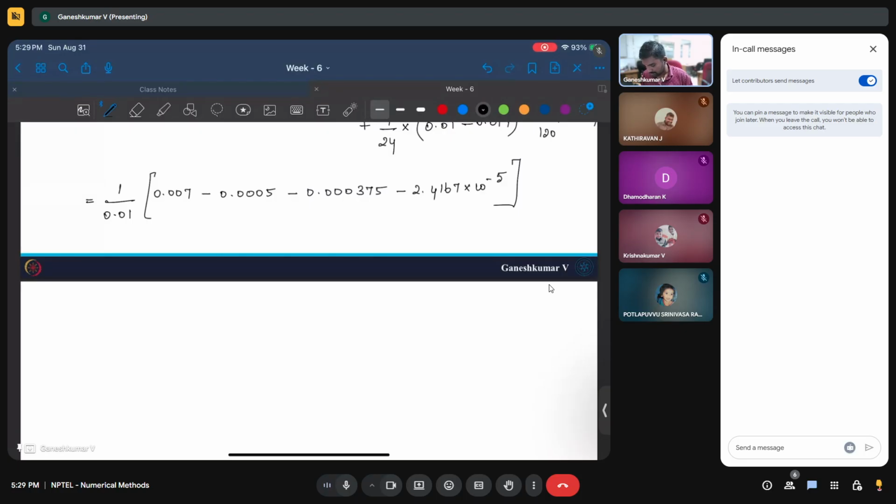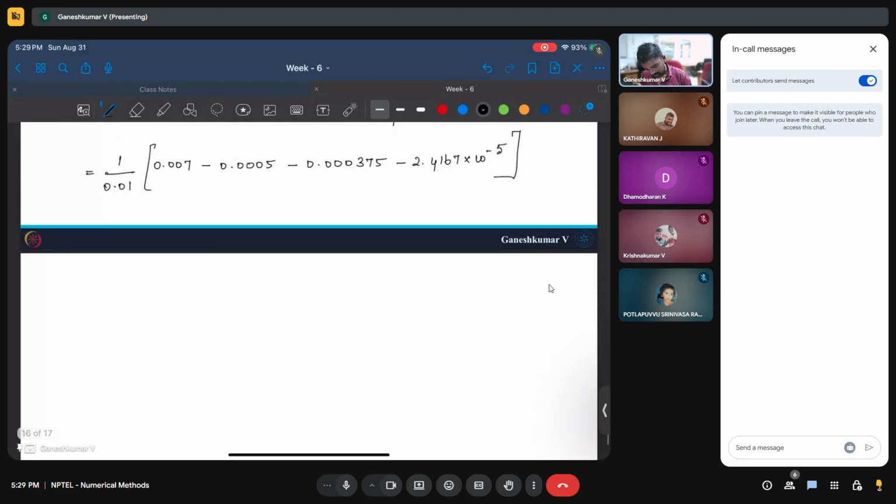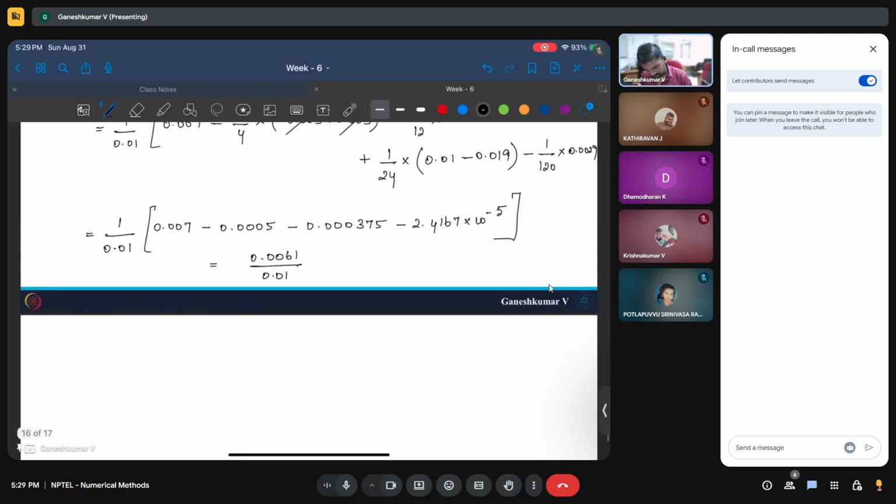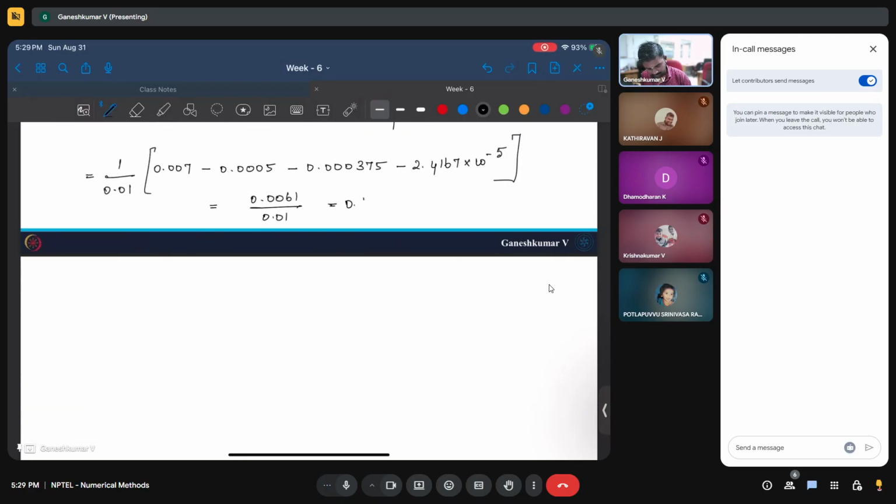So this comes out to be around 0.0061 divided by 0.01. 0.0061 divided by 0.01 is equal to 0.61. So dy by dx at x equal to 7.51 is 0.61.